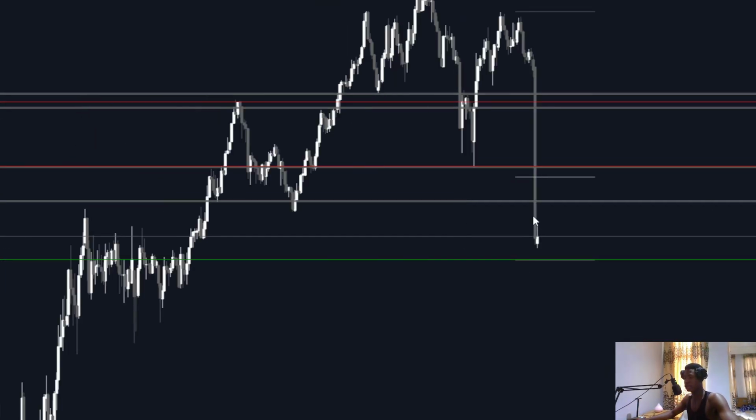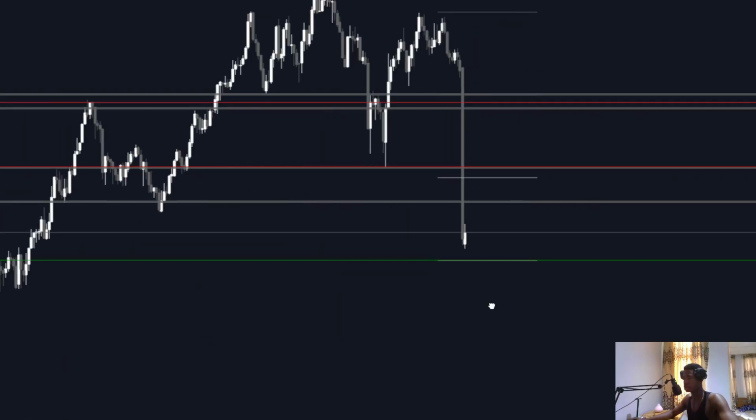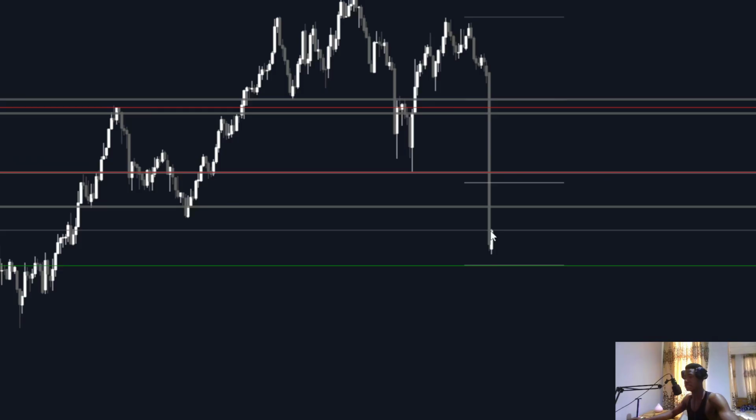Yeah, so I like the fact that we're also close below this level. So we should definitely keep pushing to the downside. If we don't keep pushing, if we start pushing above here, then we might be in some trouble.